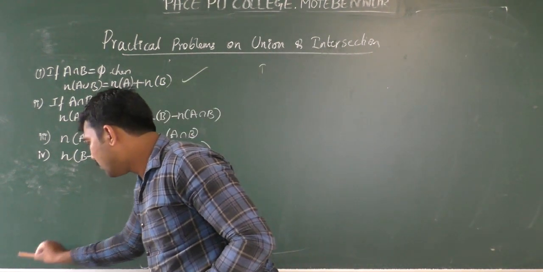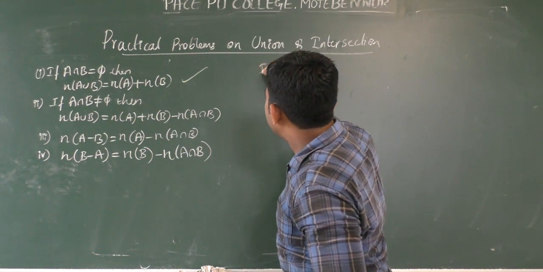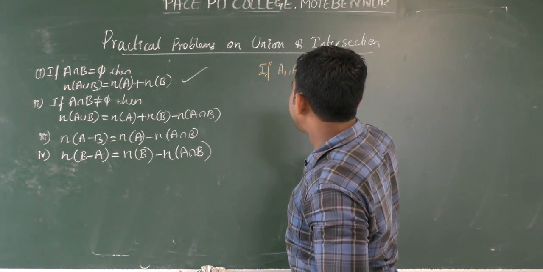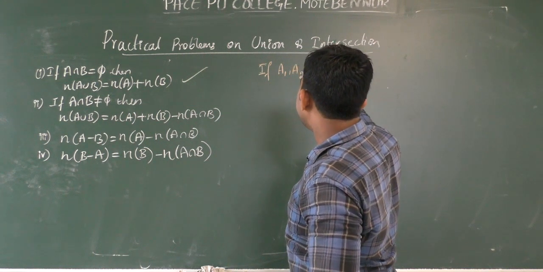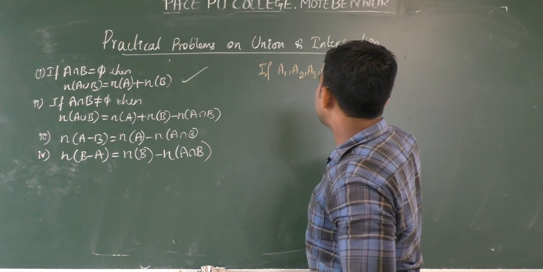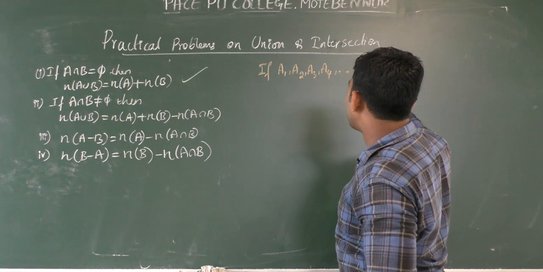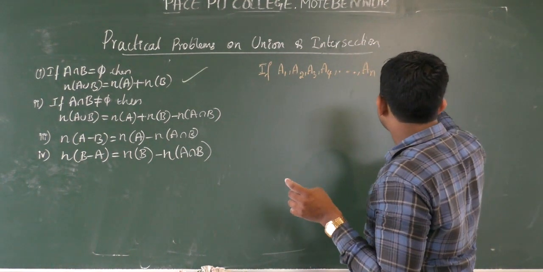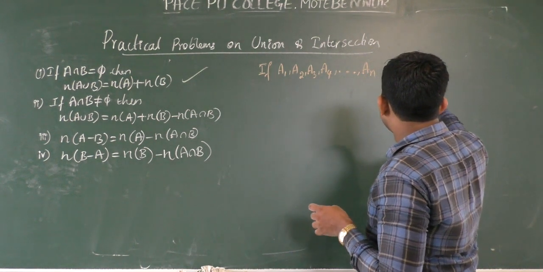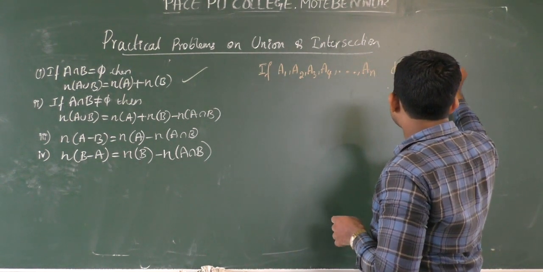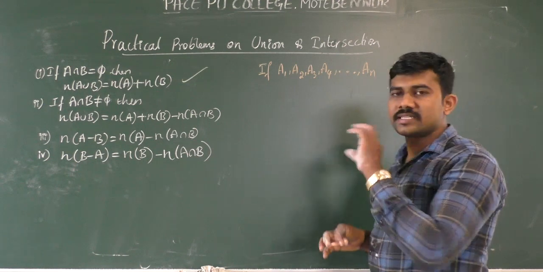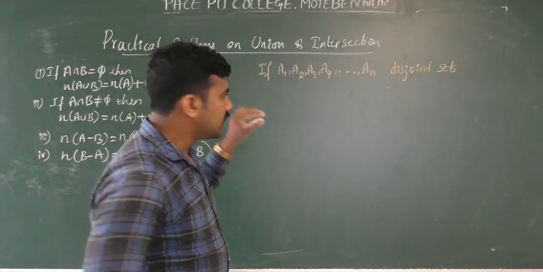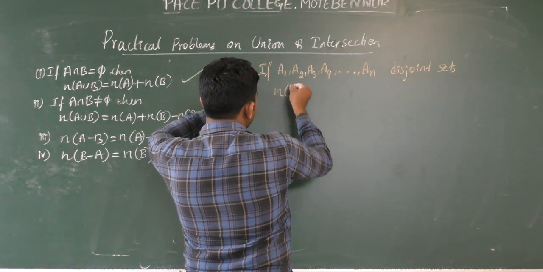I will take A1, A2, A3, A4, and so on up to AN, n number of disjoint sets, where the intersection gives empty. Even then, see how we should find the union.